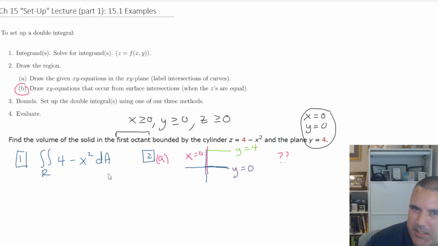If you draw the given xy equations and it does not clearly give you a region or a solid, and someone didn't screw up, then that must mean the surface intersects the ground, or the surfaces intersect each other. In this case, the surfaces are this and this, and they're bounded inside here.